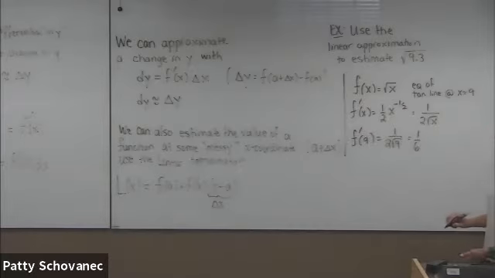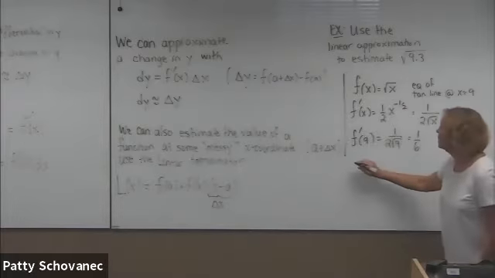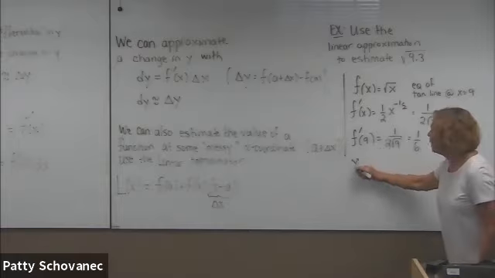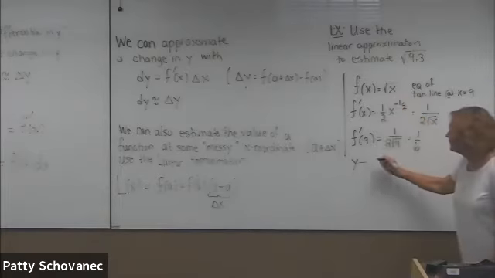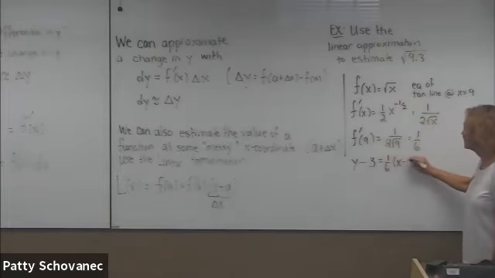Okay, so we use y minus y1 is equal to m times x minus x1. So y minus, well, what is y1? What's the y1 value here? 3. It's equal to m times x minus x1. x1 was 9.